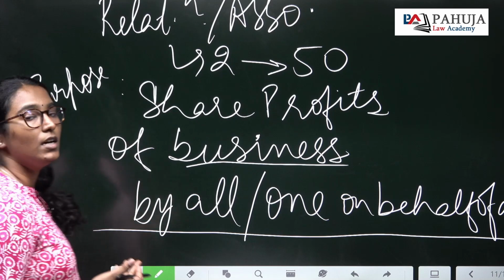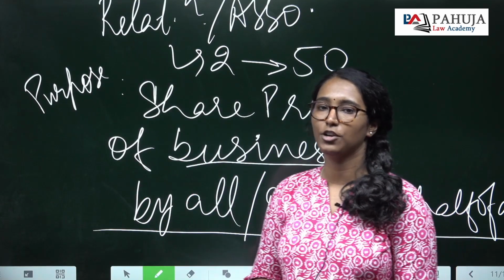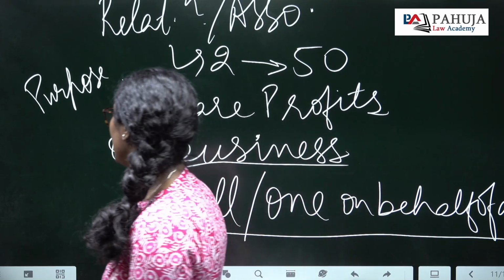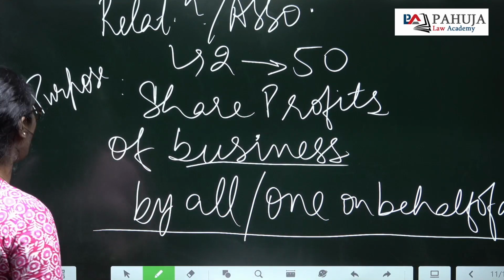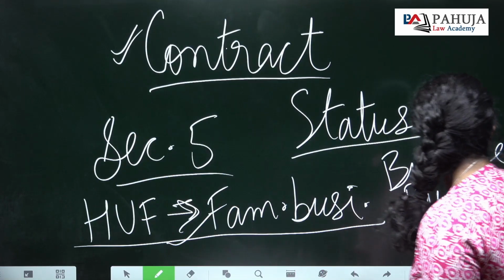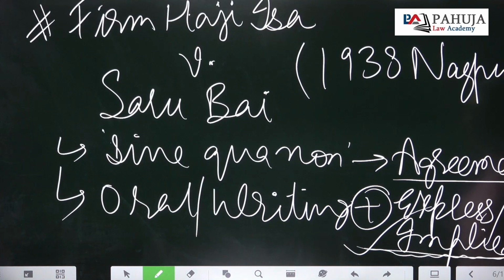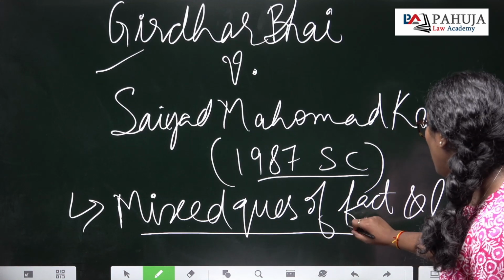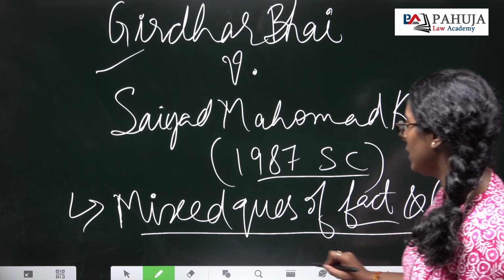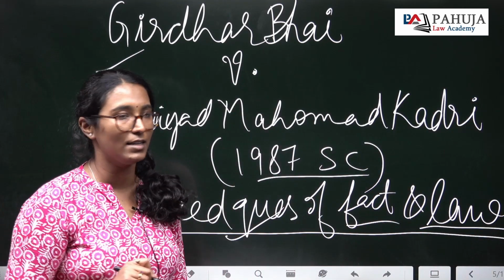It may be made by a written agreement, a partnership deed, or it could be made by an oral agreement between persons. We have also seen how partnership is decided on the basis of both mixed laws and facts. It may be a question of law also, or it may be a question of fact as well.